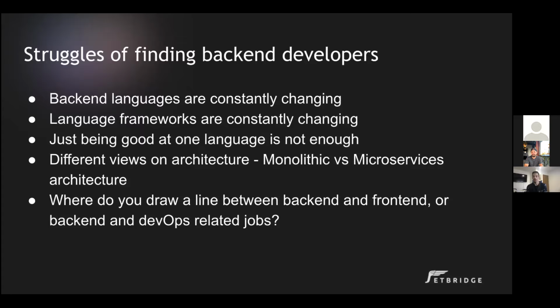Let's break the application into smaller pieces, and we can treat those pieces differently. We can store data differently. We can have less powerful servers if a part of the application isn't used that much, and we can have better servers or better logic or caching policies for the parts that are actually being used a lot more. And that also made finding backend developers harder because not everybody likes that architecture.